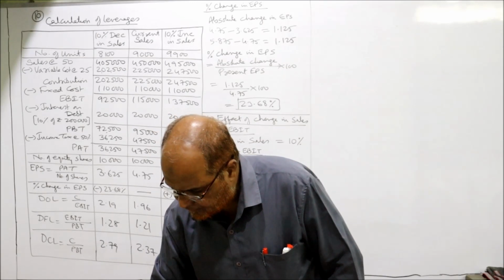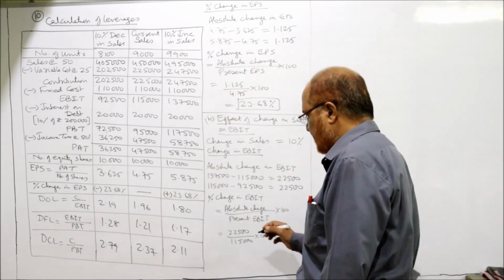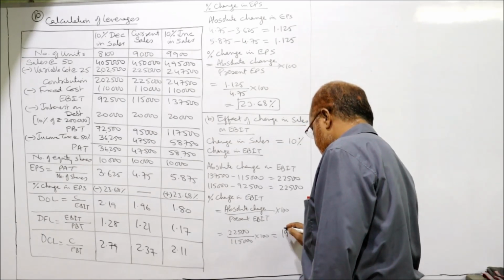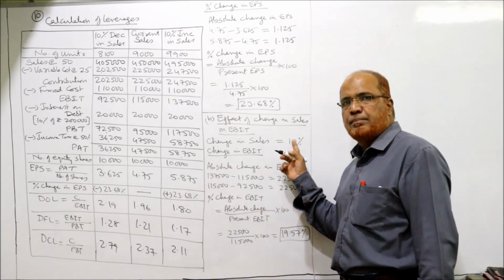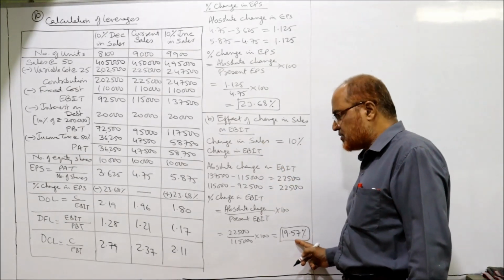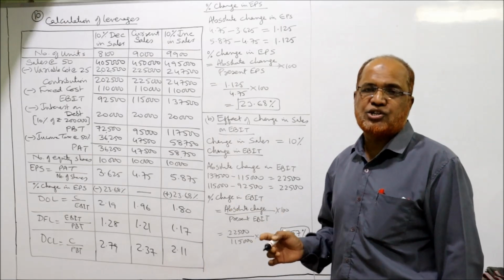It comes to 19.57. So we can say when there is 10% change in sales, it leads to 19.57% change in EBIT. There is disproportionate change.